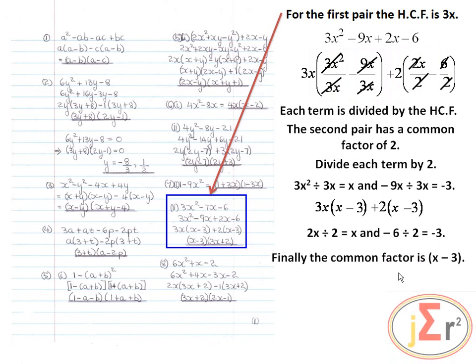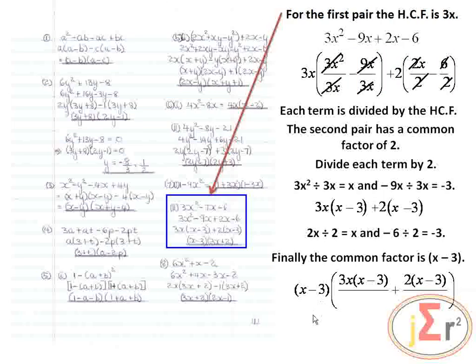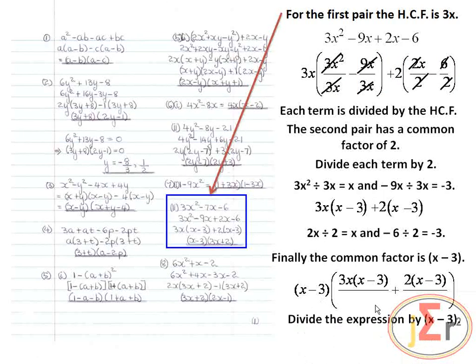Then we have another common factor of x minus 3. So we will take the common factor of x minus 3 and divide each term by the highest common factor. Just as I promised, we will include the intermediate steps so that the candidate will be able to see them.